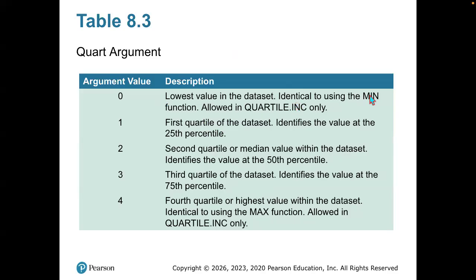It's equivalent to using the min function. Just like the 4th quartile is the highest value, equivalent to using the max function. These are usually your whiskers, your outliers. Because of that, you're not really going to be plotting these in a traditional box and whisker plot. You can just use max and min for these. You don't necessarily have to calculate it using the quartile argument. That's why quartile exclusive is the more popular one.